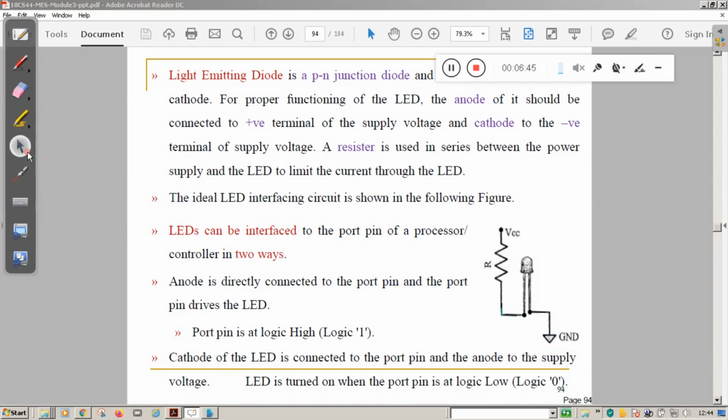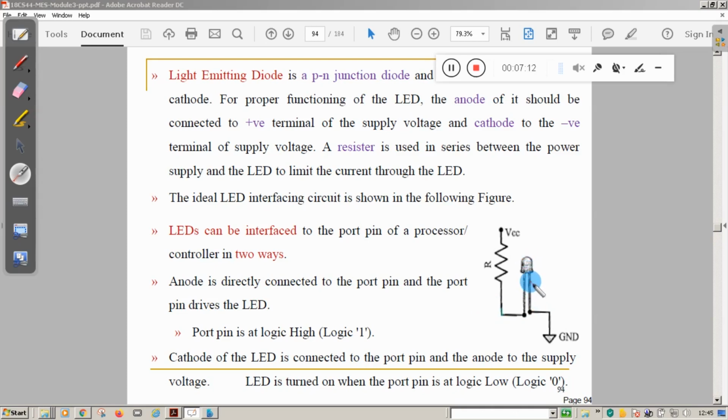This LED can be interfaced to the port pin of the processor or controller. Suppose you connect the positive terminal, that is the anode, to the port pin of the controller and the negative terminal to the ground. If the port pin is in logic level 1, then this LED will glow.